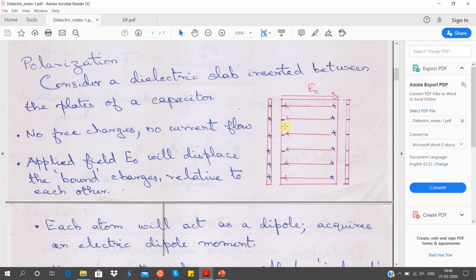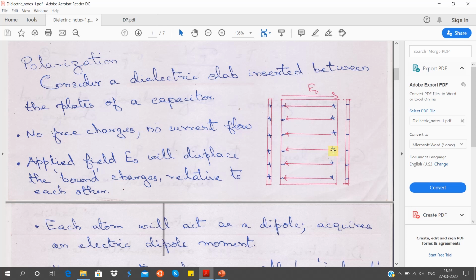Now this entire effect: you had free charge carriers due to the applied potential on the parallel plates of the capacitor. The applied potential resulted in an electric field. The electric field causes displacement of bound charges, so you got many bound charges here. Just think about the total charge carriers. Total charge carriers become the sum of the free charges from the plates of the capacitor and the new bound charges.